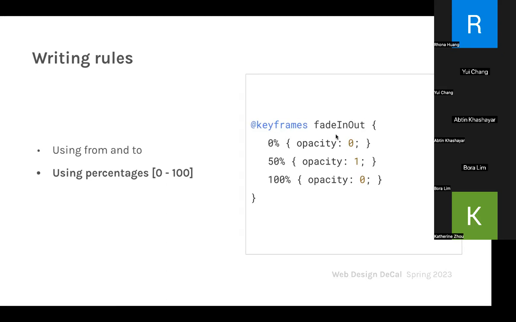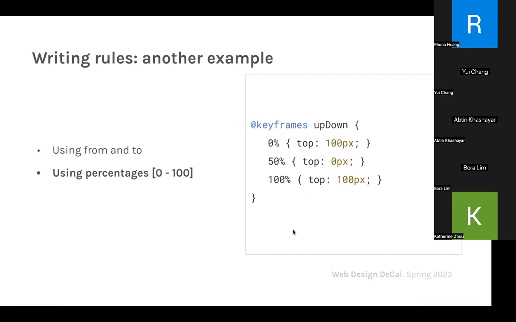So in this case, at 0% we're going to start with opacity 0, halfway through the animation, so 50%, we're going to have opacity 1, and then fade back out at 100%. So these are a couple ways to write keyframe animations following this name and then rules format.